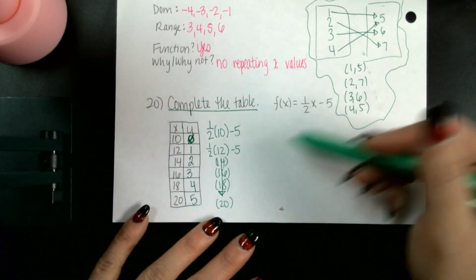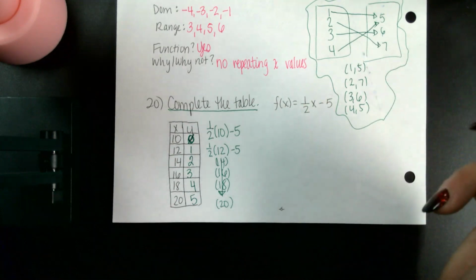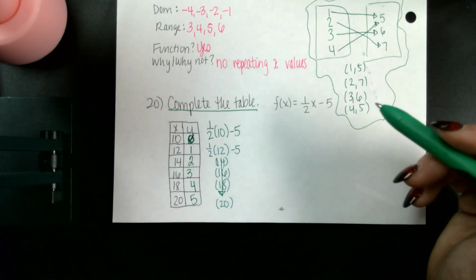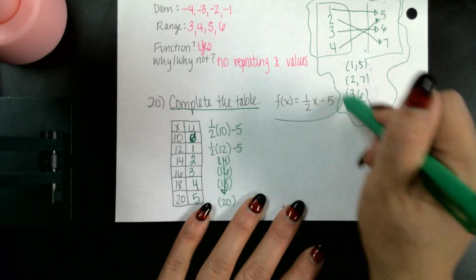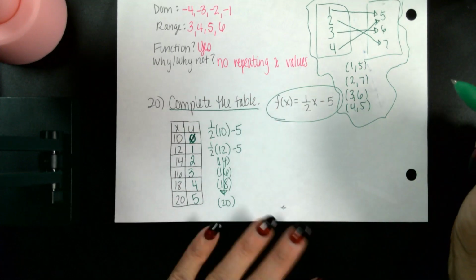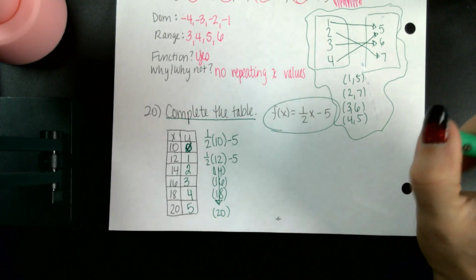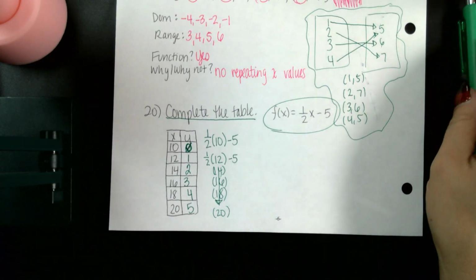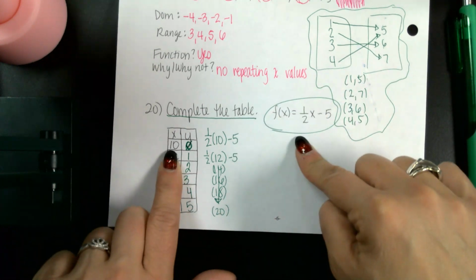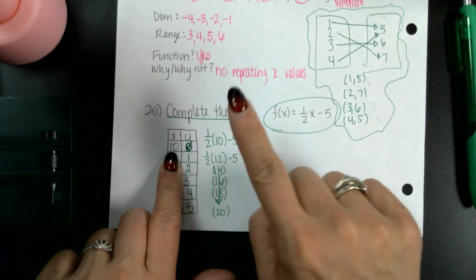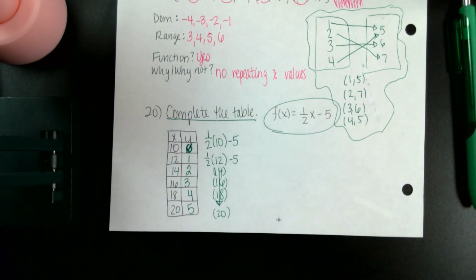So you guys will have a function where they're going to give you the x's and they want you to plug in the x's and solve for the y's. No, half of 10, which is 5, and then minus 5. Yeah, you have to do the half of the number first.